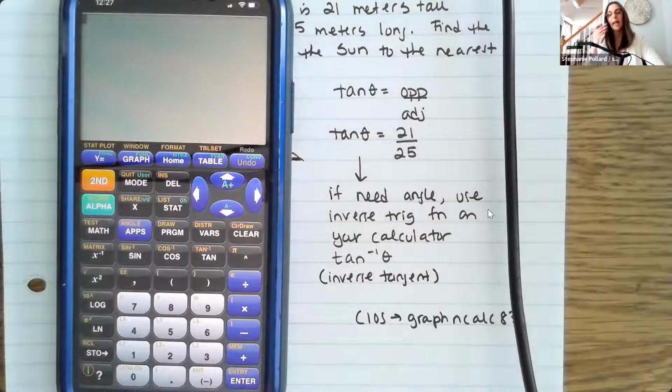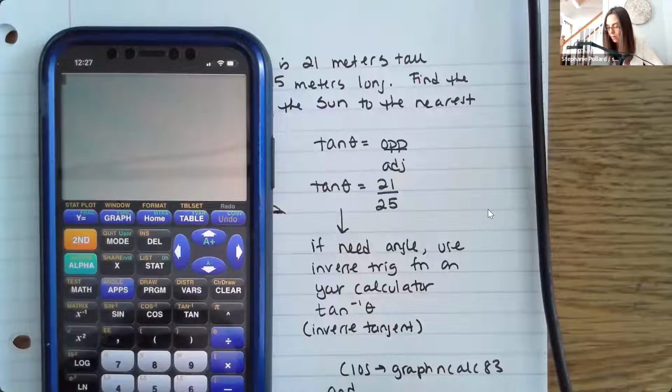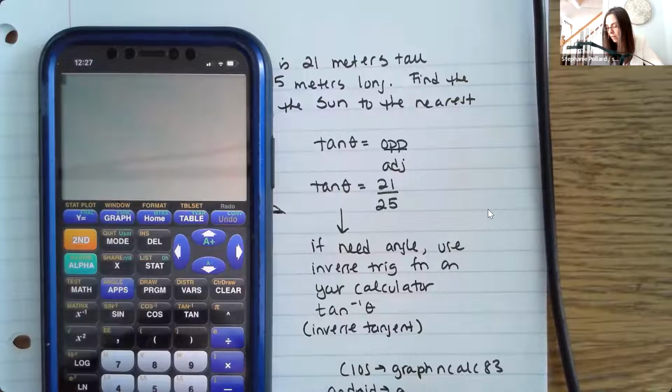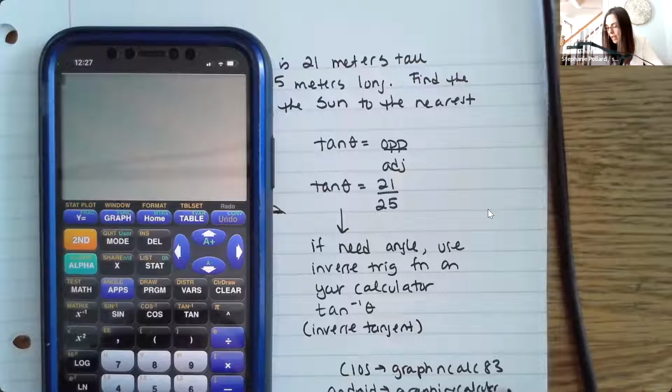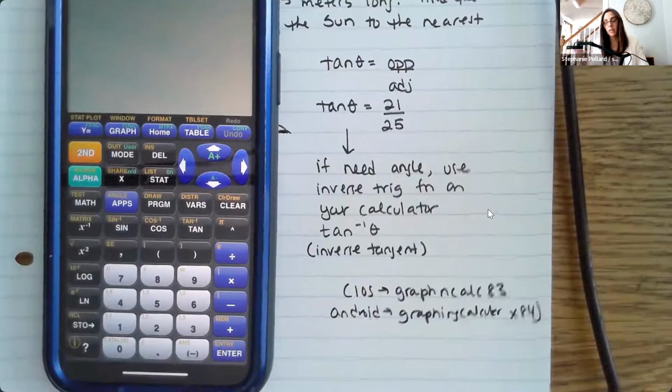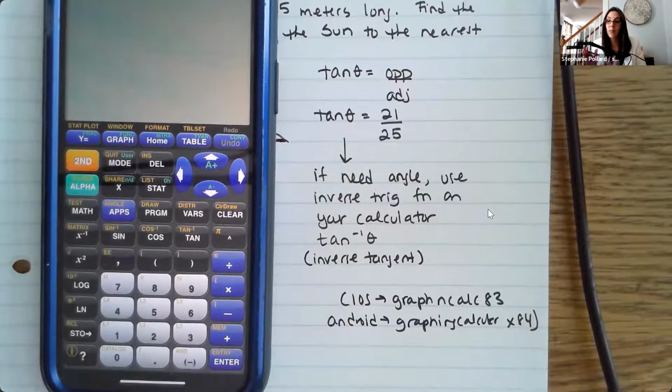Or if you have an Android instead, the one students tend to like is Graphing Calculator x84. Those are just two of them, but really there are so many that you can buy or download for free. So just get one that works for you, and that's fine with me.